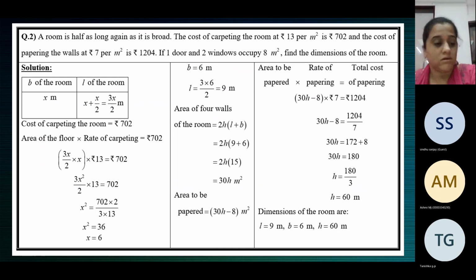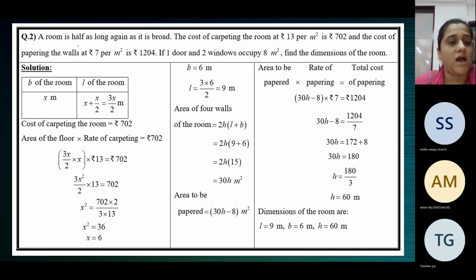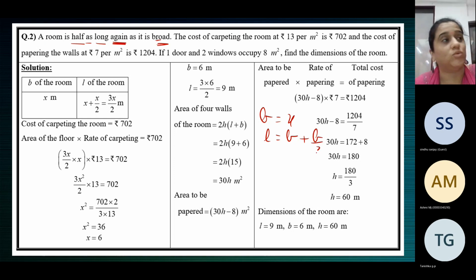All right. So, a room is half as long again as it is broad. That means as it is broad. So if the breadth is x, the length is not equal to the breadth. It is half again, half more than the breadth. That is, the breadth plus b by 2.